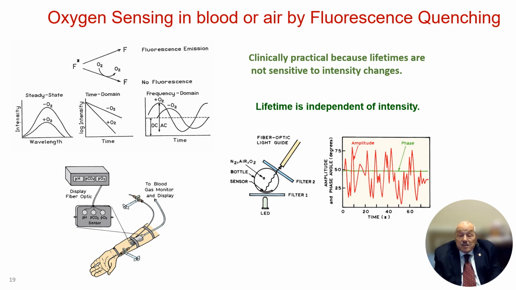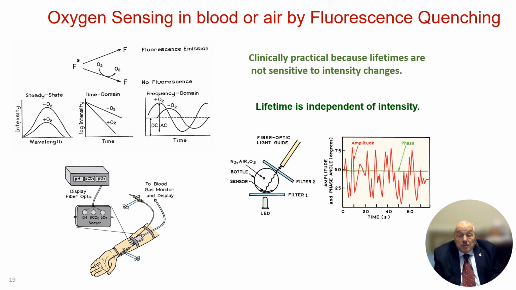And I think I explained this in adequate detail. But once again, the importance of lifetime measurements in sensing, which we'll discuss in a future lecture on sensing, is that it is very insensitive to intensity variations.